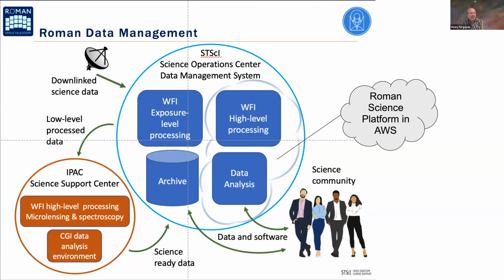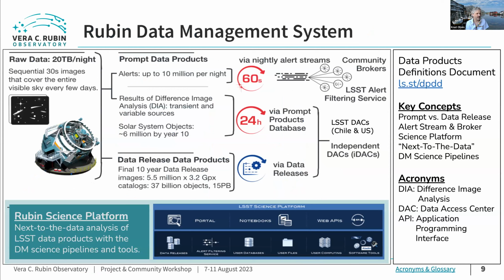This is a slide that I lifted from Melissa Graham's presentation at the Rubin PCW, just showing the equivalent diagram for Rubin, which is now, I think, well known and shared, and the different data products, the timescales on which they go out, and where those data products end up going.